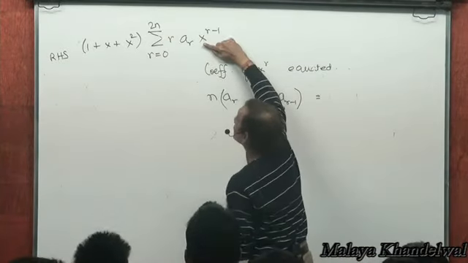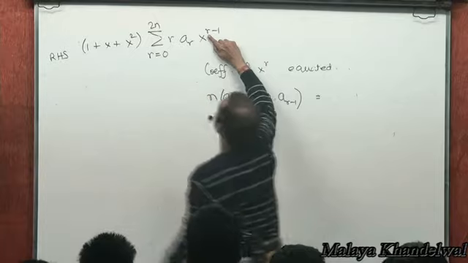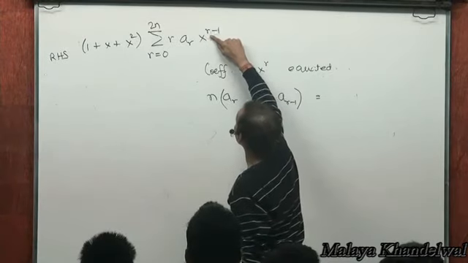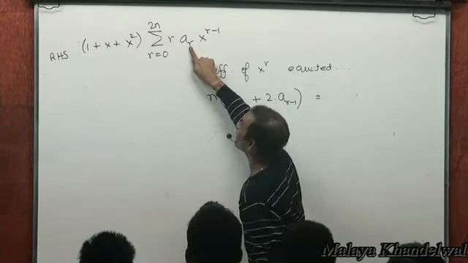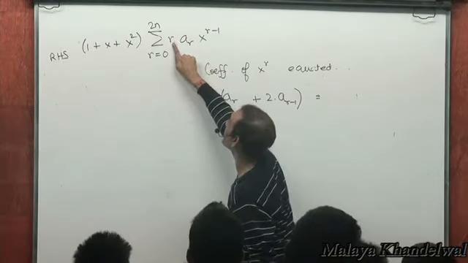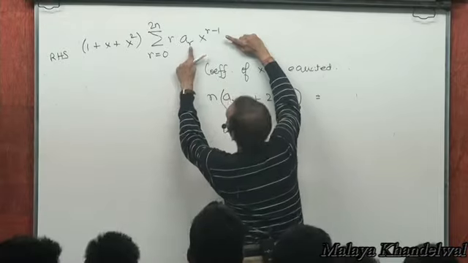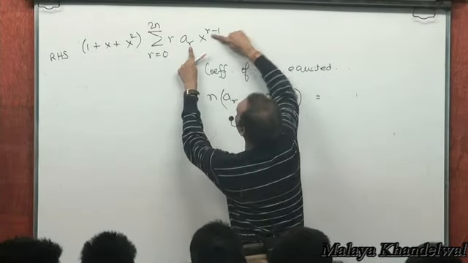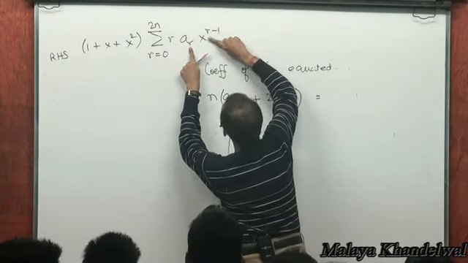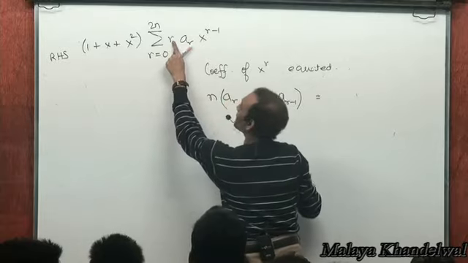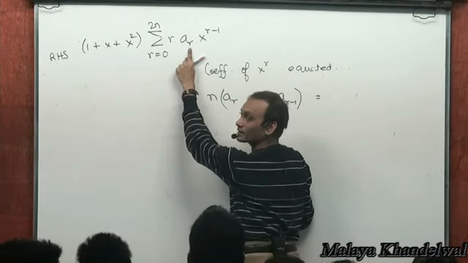Now, 1 would have to be multiplied with x^r. When this is r, this would be 1 more than this, isn't it? So it will become (r+1) A_{r+1}. See, these subscripts are 1 more than the power of x. So when this becomes x^r, this will become (r+1) A_{r+1}.